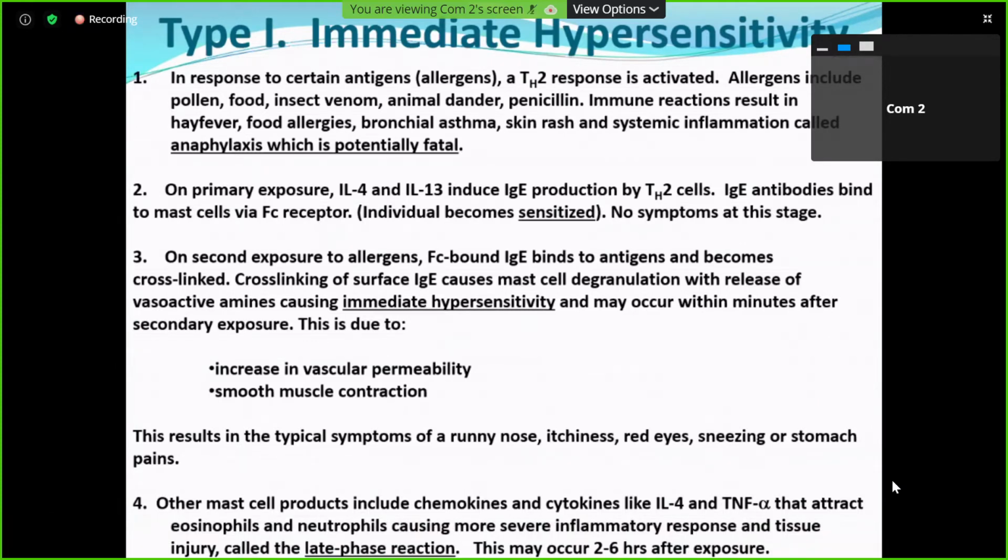The attachment of the antibodies to these cells induces the mast cells to degranulate and release autocoids like histamine, serotonin, prostaglandins, leukotrienes, and so on. These mediators then have effects on the blood vessels to cause vasodilation, to cause smooth muscle contraction, so you get fluid leakage and the classical symptoms of runny noses, itchy eyes, redness, and so on.